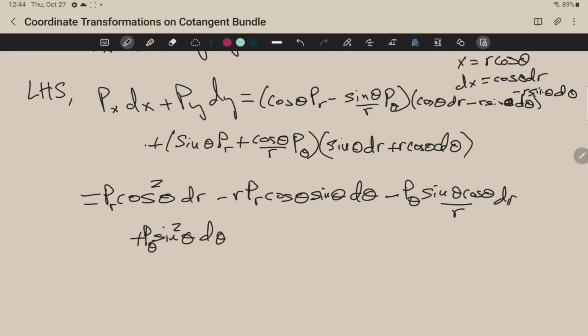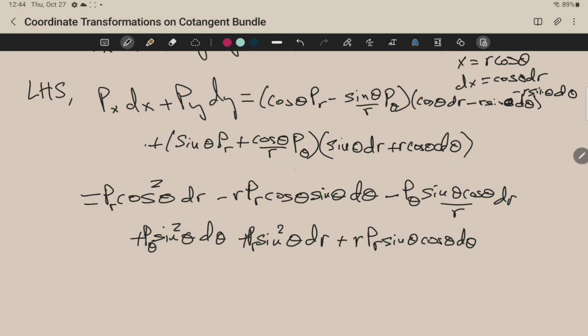Expand the bottom. The bottom is sine squared pr dr. And then the cross term, so I have r pr sine theta cosine theta d theta.